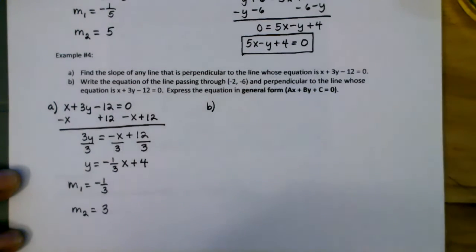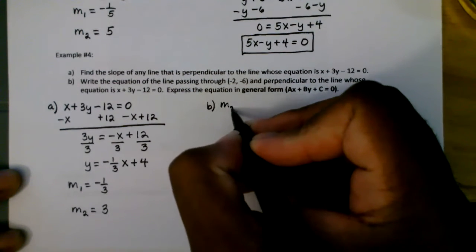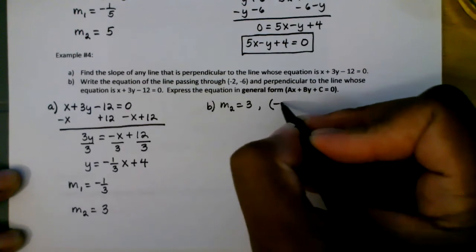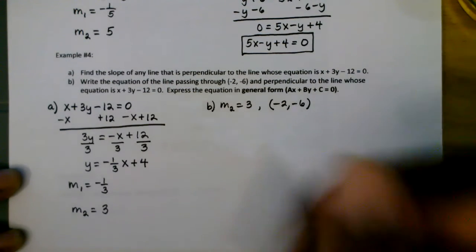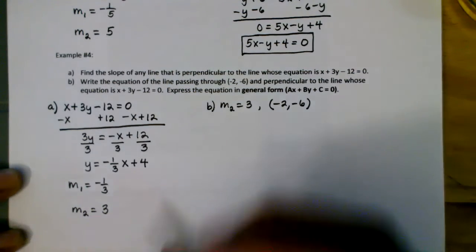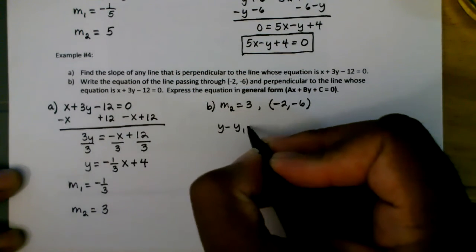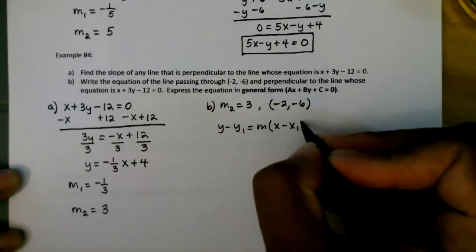Now part B. We're going to use that perpendicular slope of 3 and the point -2, -6 in my point slope form. y minus y1 is equal to m times the quantity x minus x1.